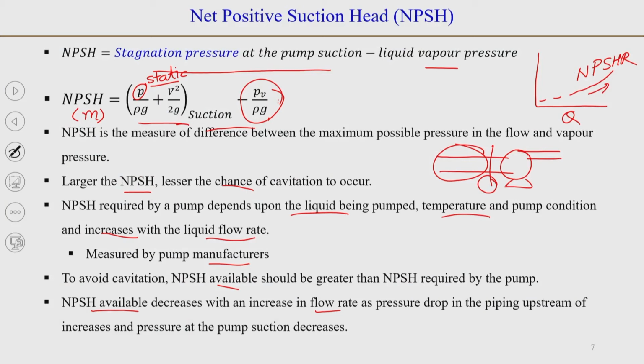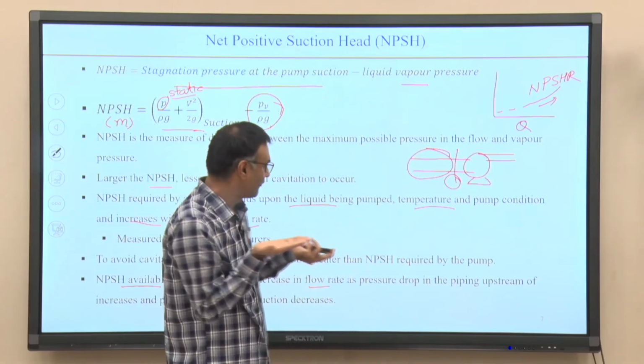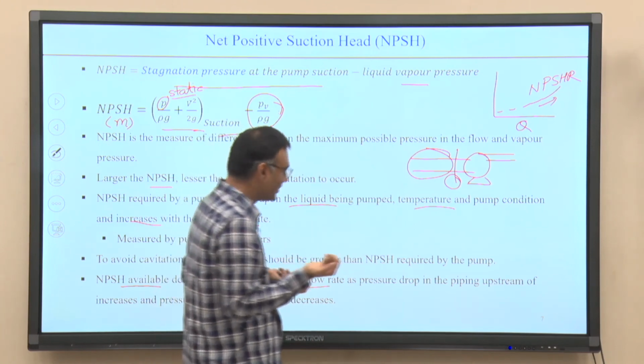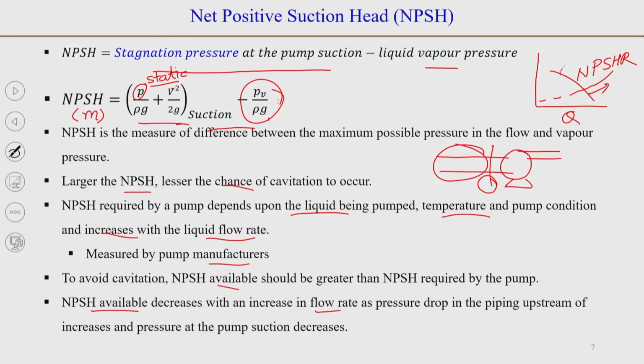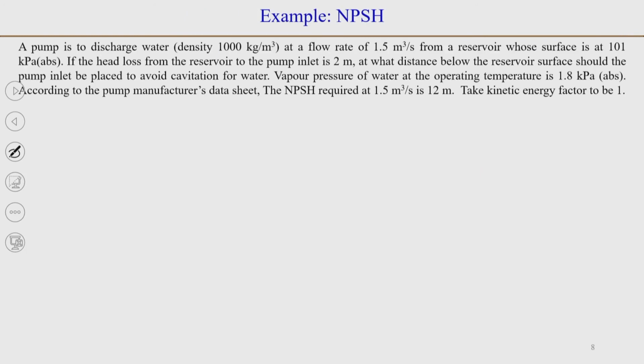Because the vapor pressure at a particular temperature for a particular fluid is fixed, NPSH available will decrease. So, our flow rate should not go beyond this point, to avoid cavitation in the pump. Okay, so let us look at a problem.